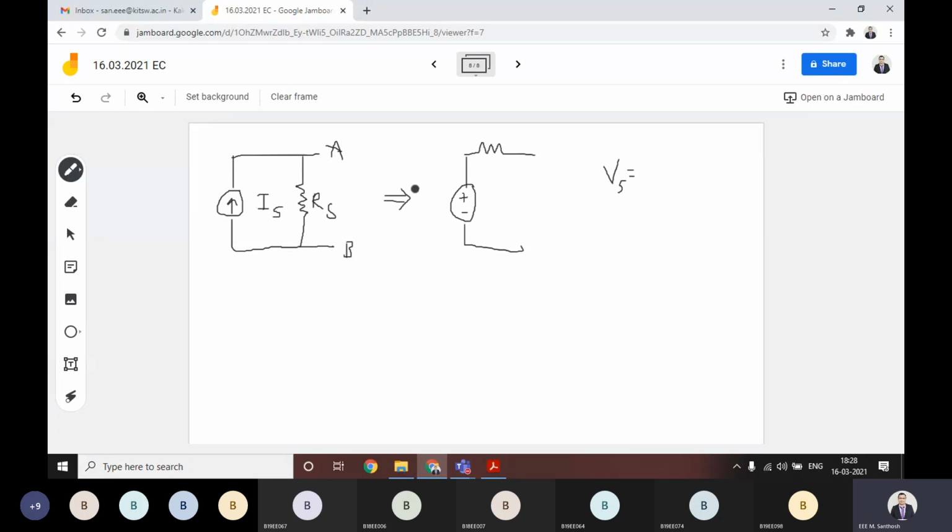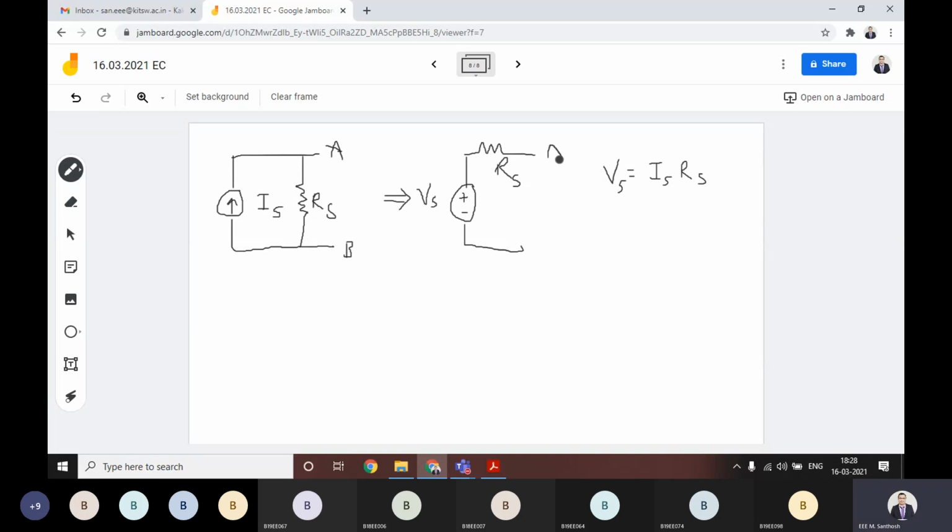What is the value of Vs? You have Is and Rs, and simply the multiplication, Is into Rs, will be the direct value. Then that voltage source is in series with the resistance.